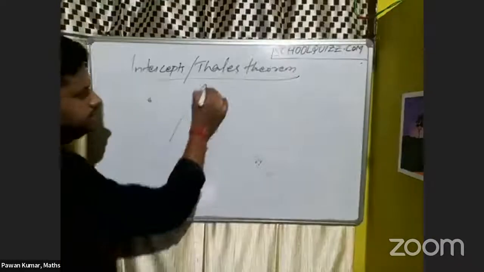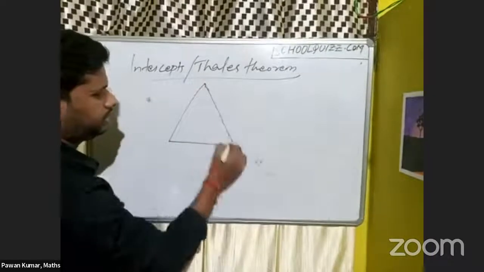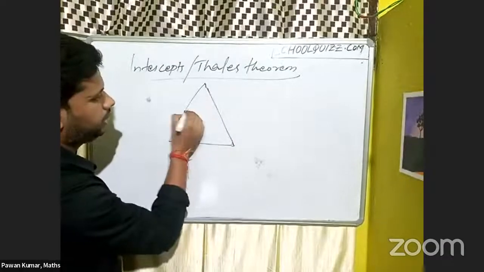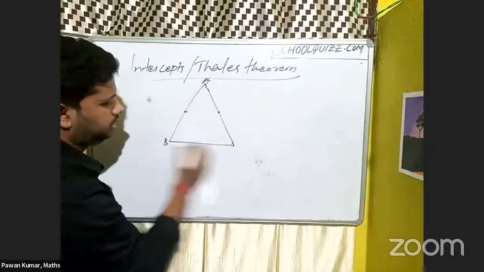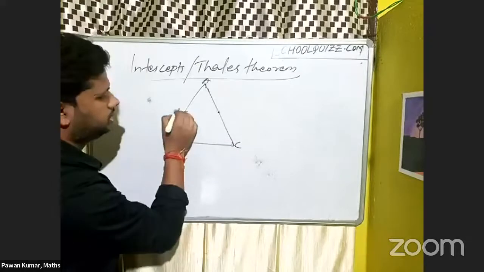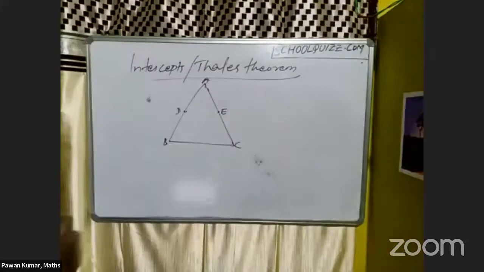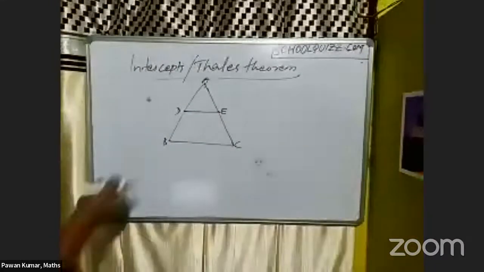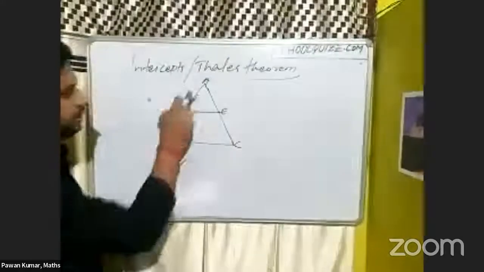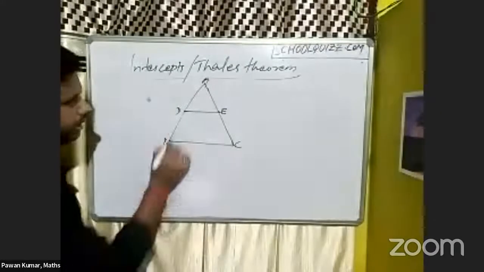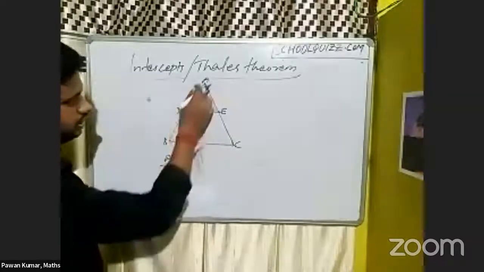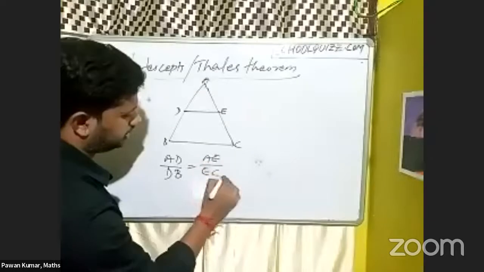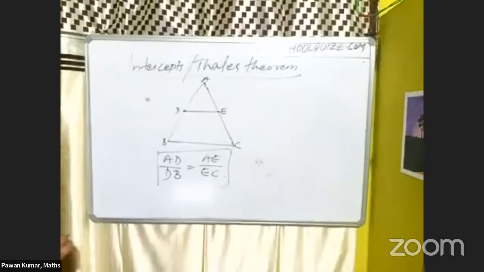What they are saying in the Thales theorem is: suppose you have a triangle ABC, and D and E are points on the sides. If the line DE is parallel to the third side, then I can write AD by DB is equal to AE by EC. That is the conclusion.